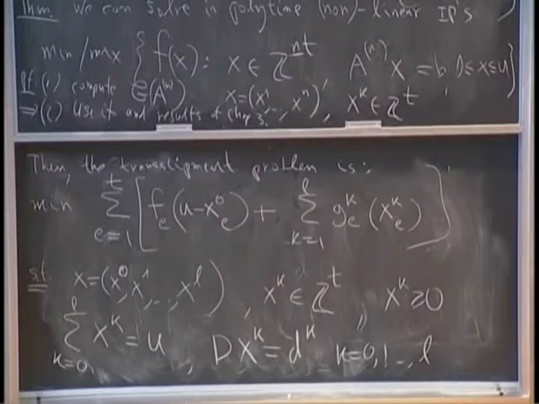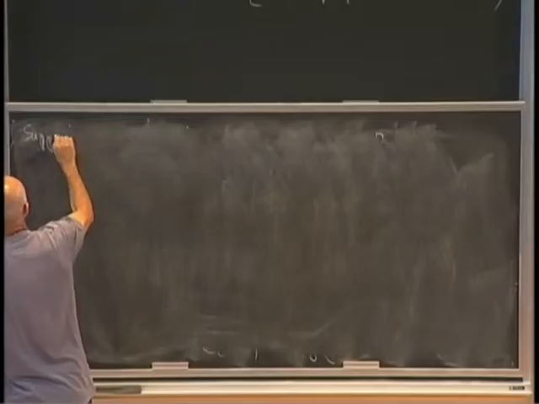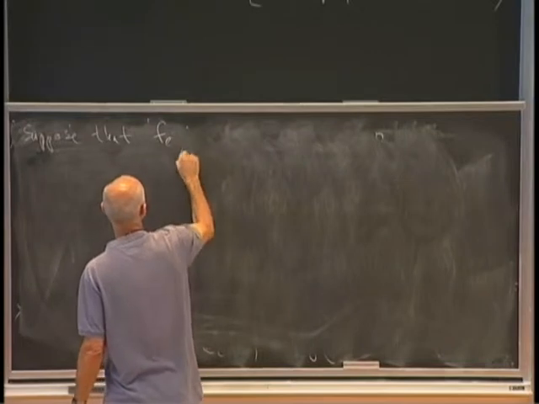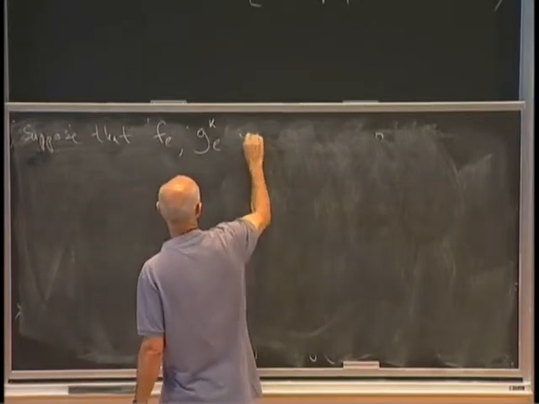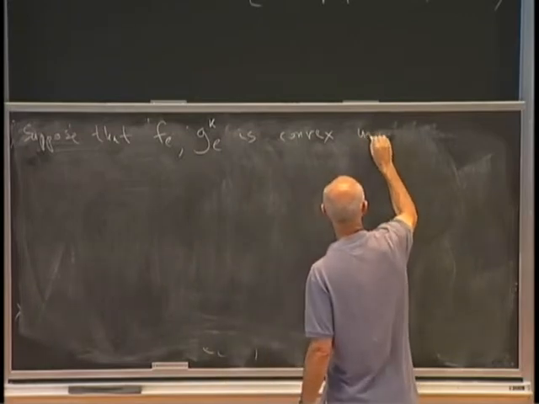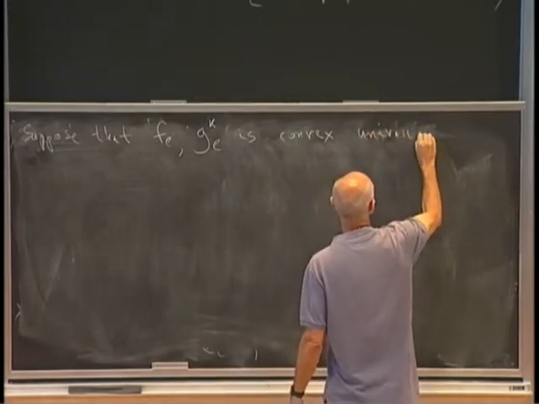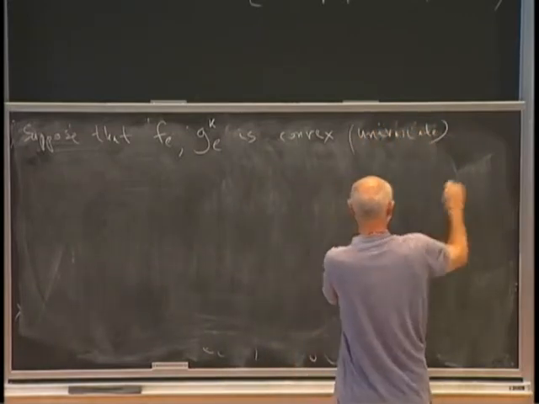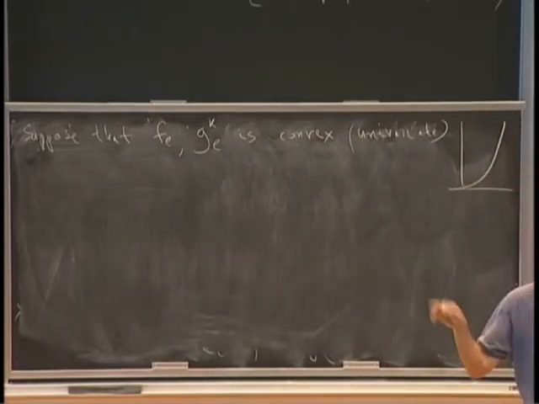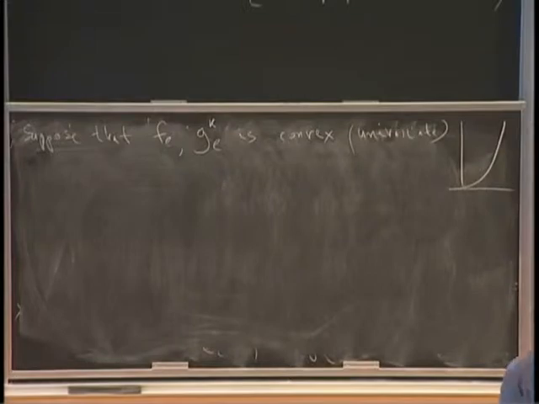Suppose that each F_E and G_{K,E} is convex, and this makes sense, convex univariate. And I mentioned this earlier in the introduction. This accounts for congestion. If you have more flow on an edge, the cost should increase non-linearly.